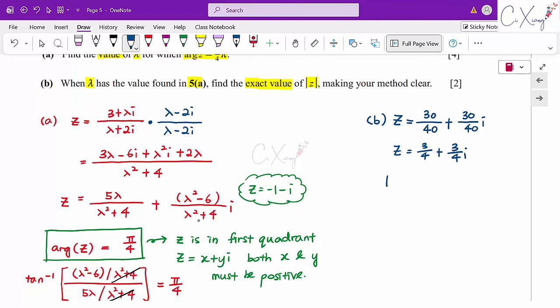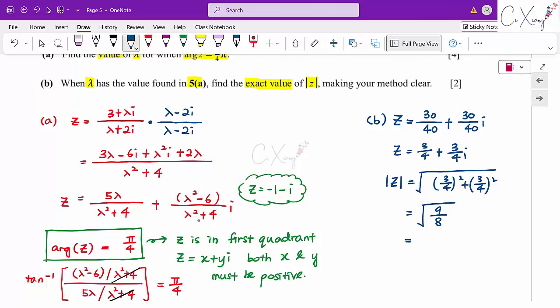Then how can I get the modulus of z? To get the modulus of z, you're having the square root of x squared plus y squared. Then basically you're having the square root of, when you add them together, 9 over 8.